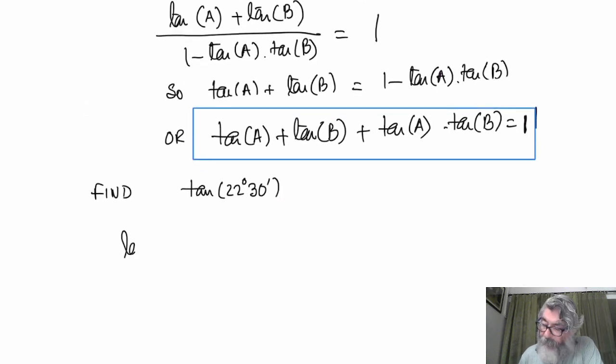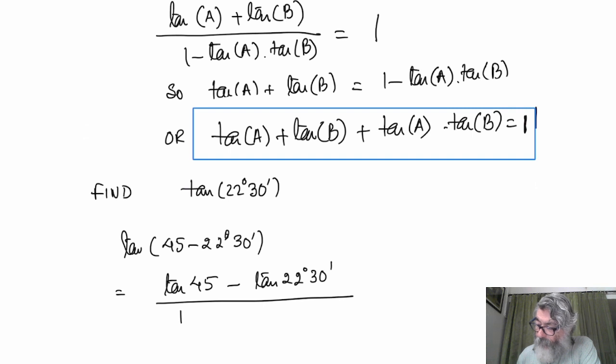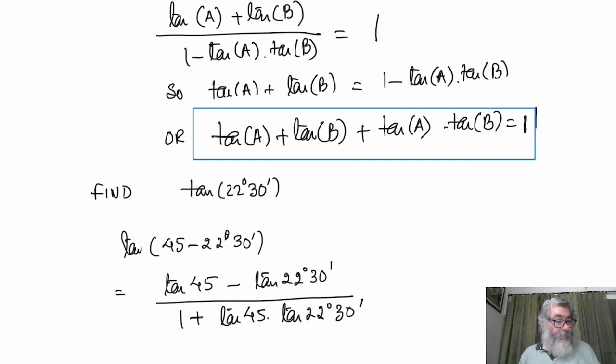So tan(A − B), tan(45° − 22°30′), is going to be (tan A − tan B) upon (1 + tan A tan B).